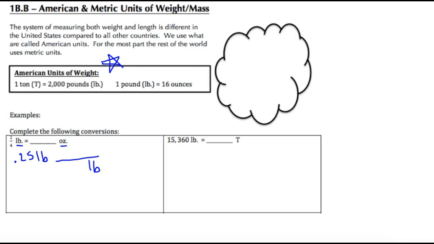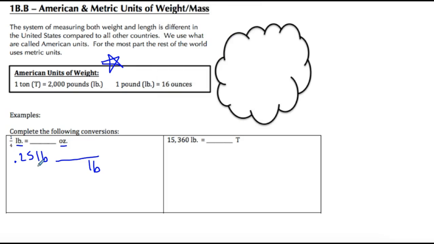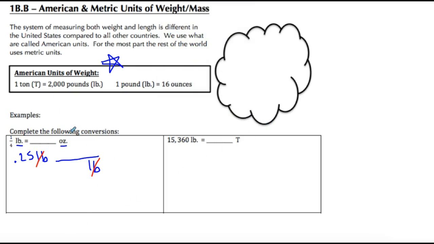Remember, we want them opposite each other, because then the pounds cancel out. So I put whatever's up top down below so that they're diagonal from one another and will cancel out. I know that 1 pound is 16 ounces.